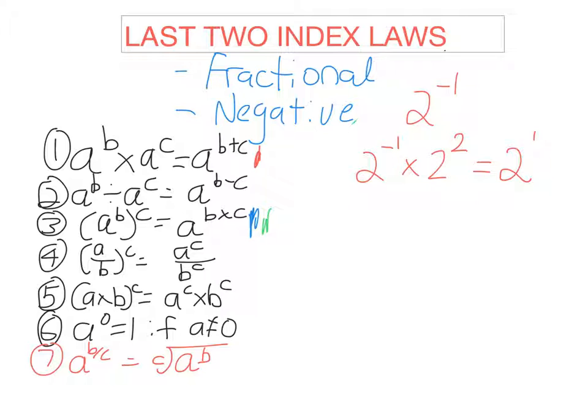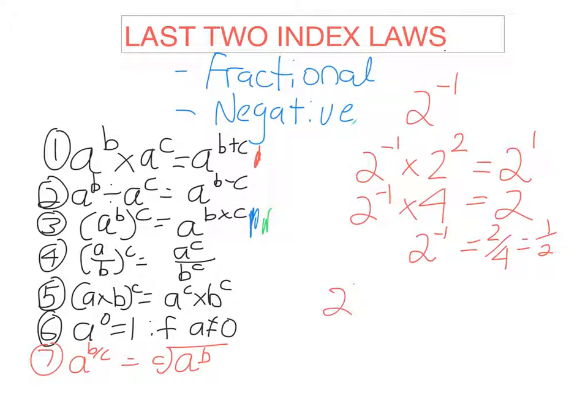But I know, of course, that 2 squared is just 4. So I can rewrite this as 2 to the power of negative 1 times 4 equals 2 to the power of 1, which is 2. So we can rearrange this equation, divide each side by 4, and we get 2 to the power of negative 1 is 2 over 4, which equals a half.